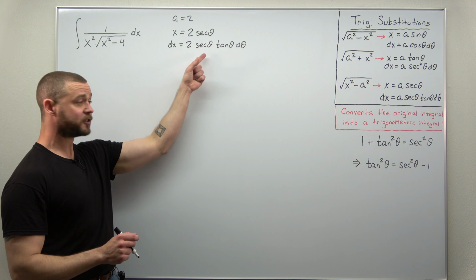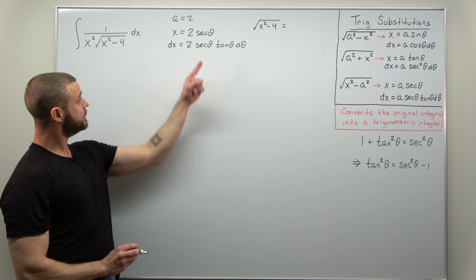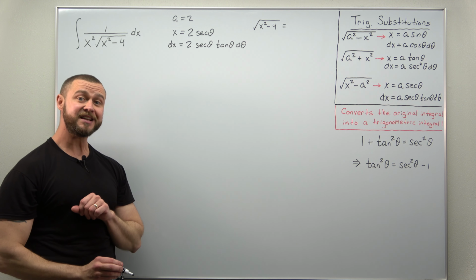All right, let's go to the square root, and let's go ahead and cancel it using the trig substitution. So here it's the square root of x squared minus 4. And we're going to substitute x as 2 times secant theta.